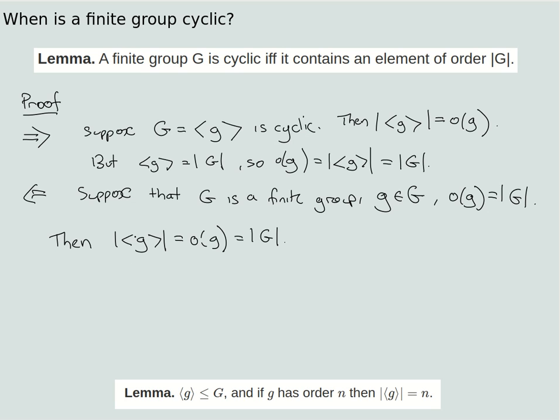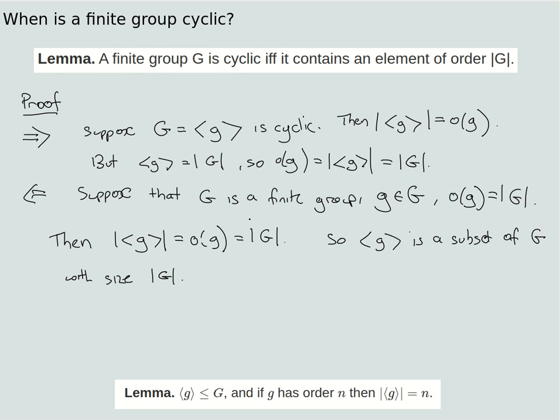Okay, now this subgroup generated by lowercase g is a subset of G with size equal to the size of G. And this is where we use that G is finite.